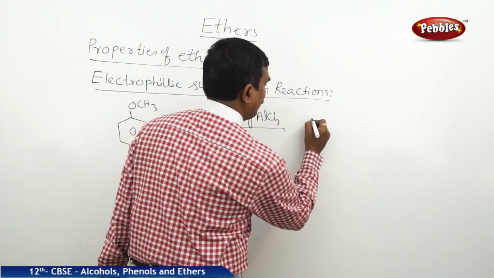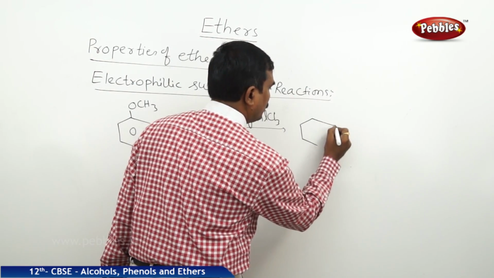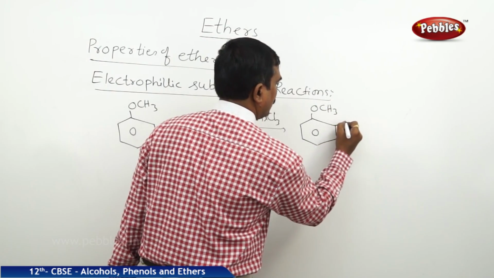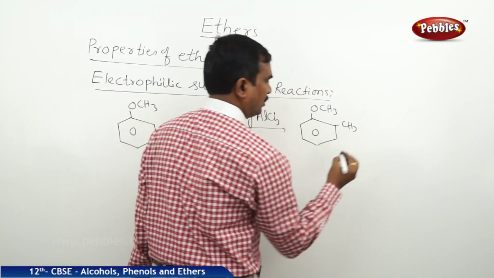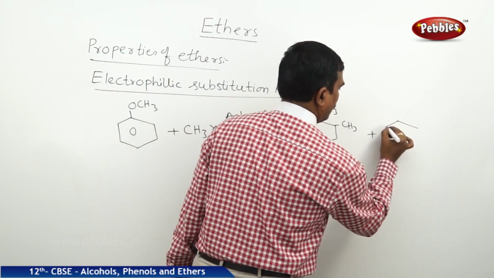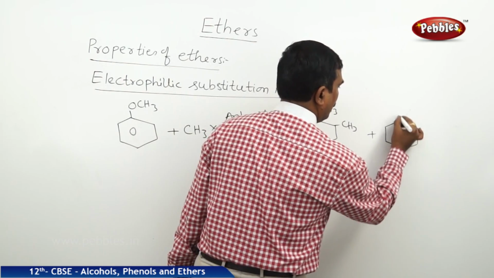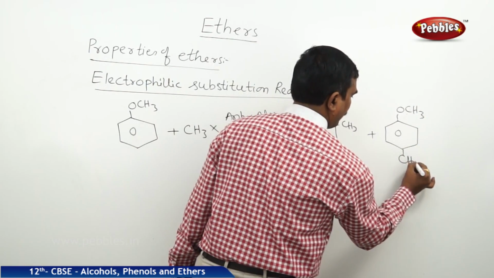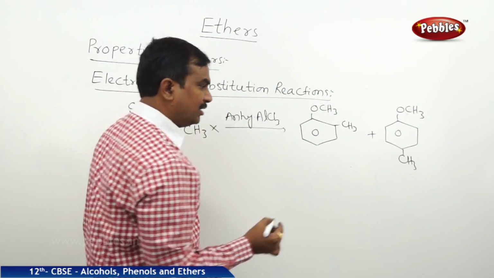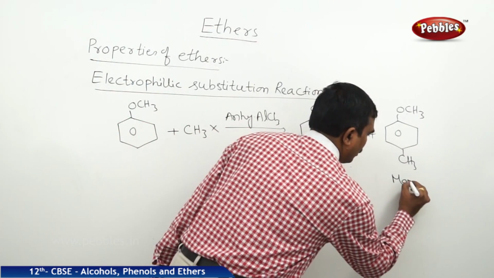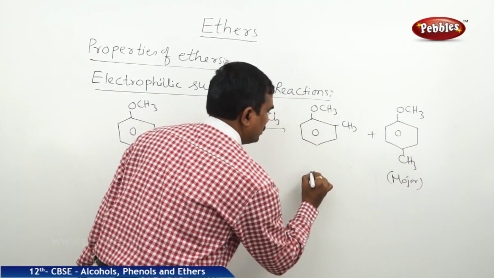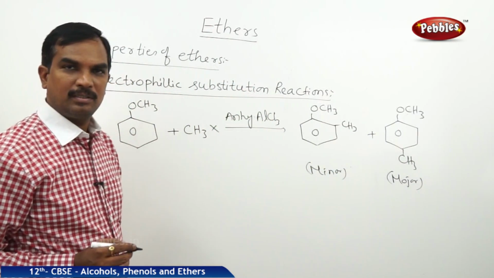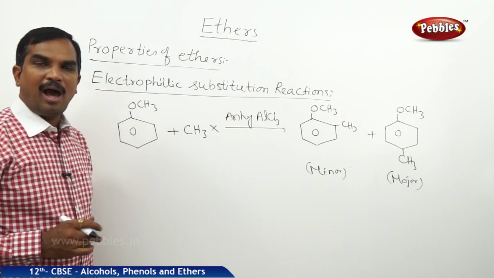So the final product here is ortho as well as para substituted product. This is ortho product, the other one is the para product. Again, the para is the major, this is the minor product. This is Friedel-Crafts alkylation.